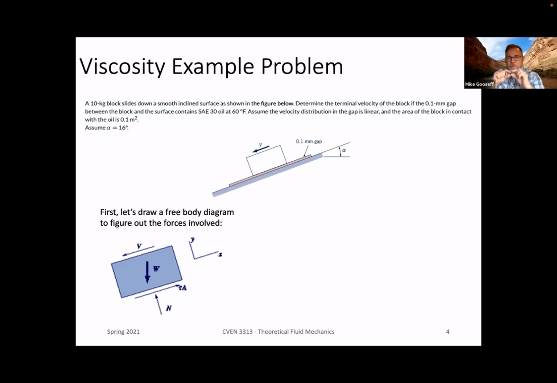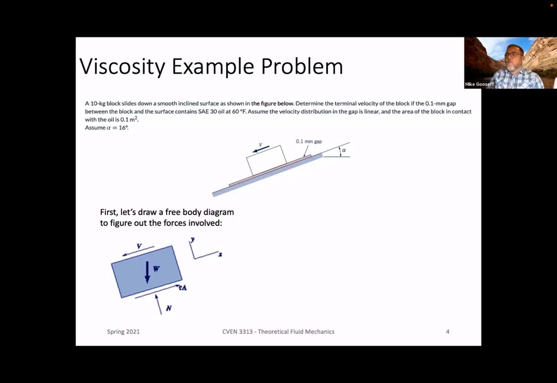The oil has a very thin layer. Remember we said at the top of the oil, when we have the block in place, the molecules that are closest to that block, that are in contact with that block, are going to be moving at the velocity v. The molecules that are in contact with the base of this ramp are going to be going zero.